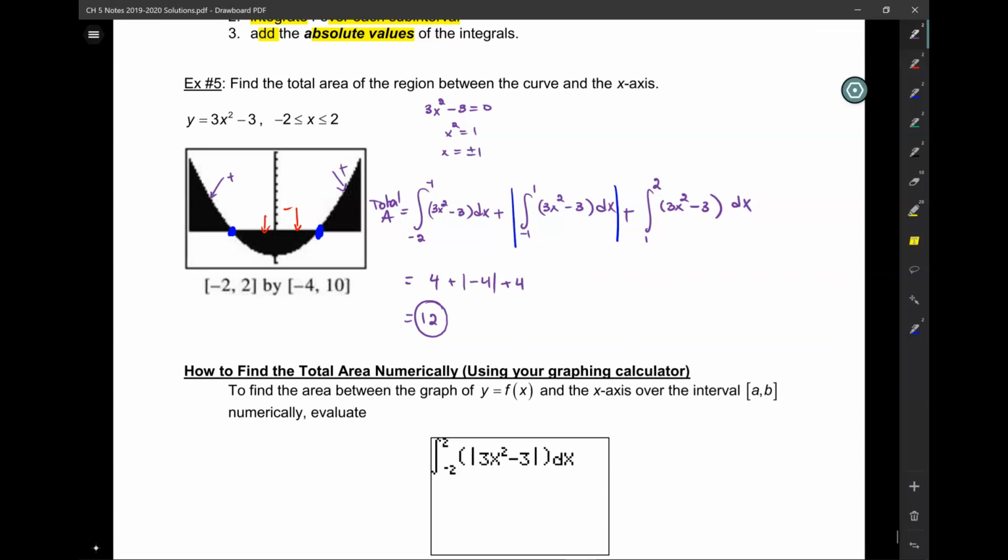Okay. Now, this concept of taking the absolute value is something that's fundamentally based in here. So afterwards, when we start talking about distance, displacement, and then net change and all of that stuff, you're going to see that this absolute value has a lot of importance, right?